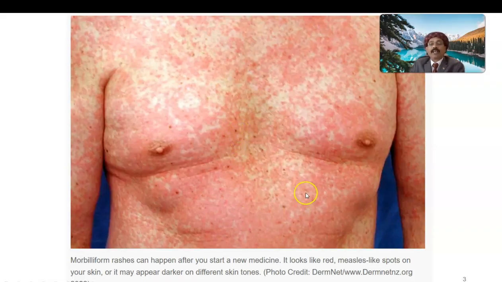It looks like red, measles-like spots on the skin, or it may appear darker in different skin tones. So it will be darker in people with dark skin or brown skin. This is typical on white skin.